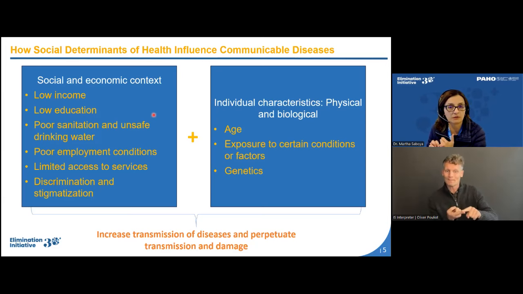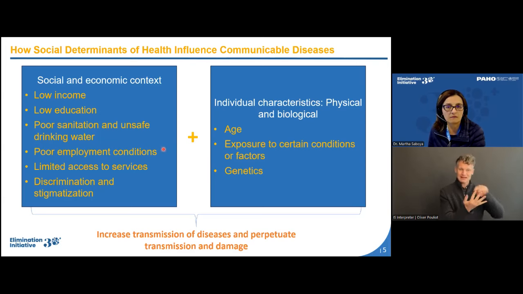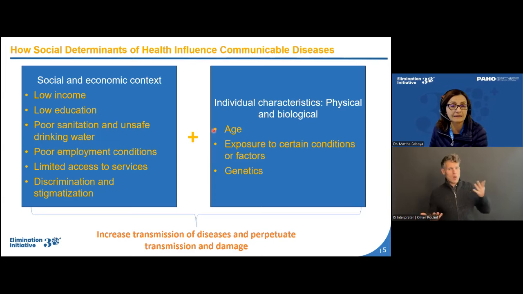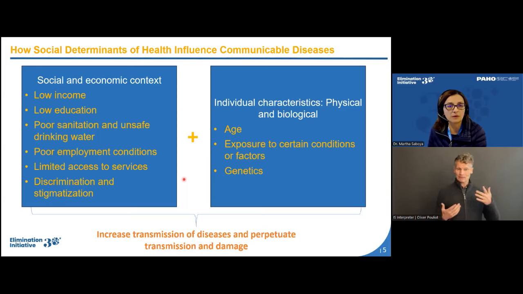When we put together these social determinants of health with the individual and community characteristics, especially the individual characteristics such as physical and biological factors such as age, exposure to certain conditions or factors, or even genetics, this combination makes the endemicity of communicable diseases harder to reduce, and the populations are going to face long-term impacts and damages caused by these diseases.